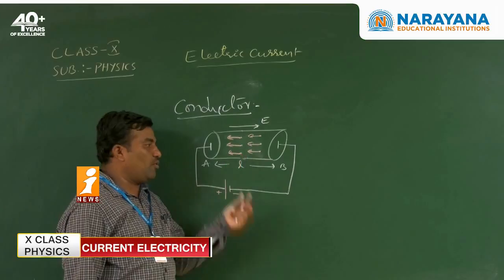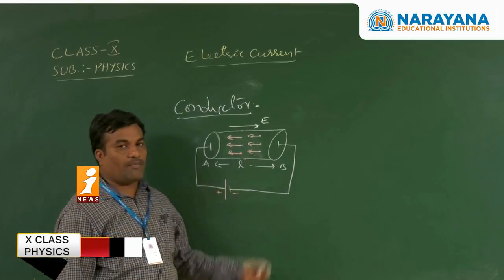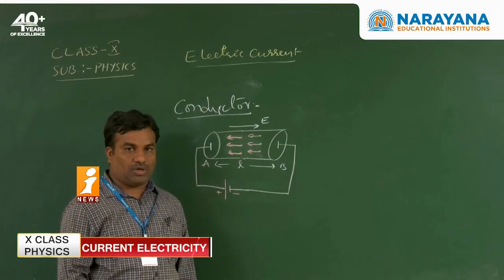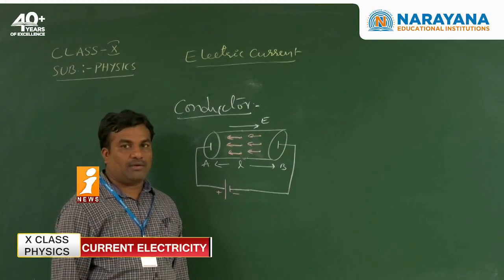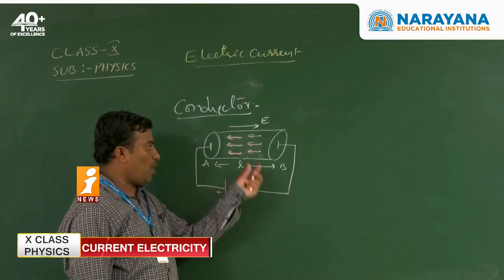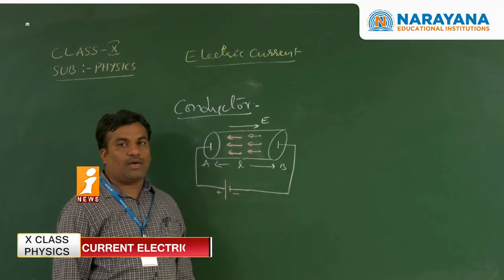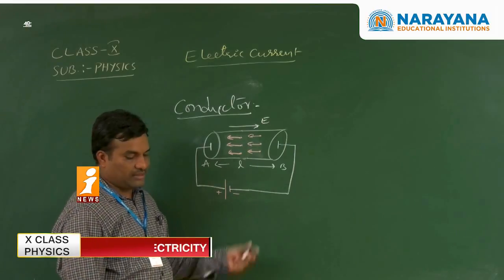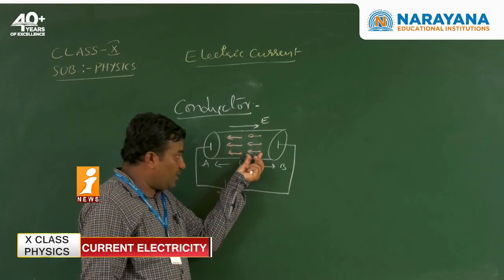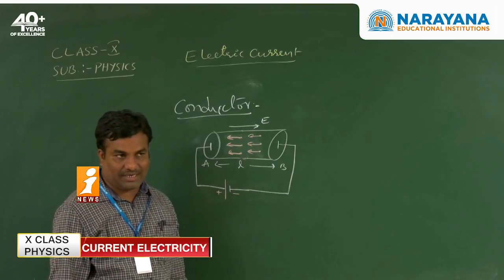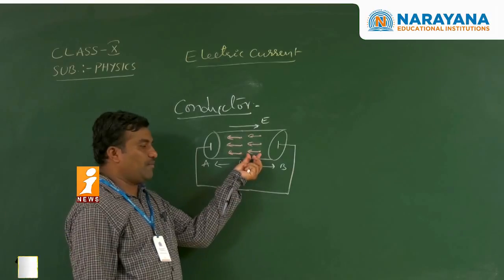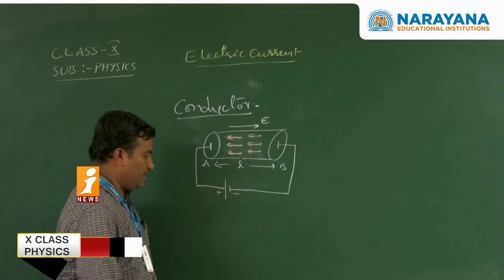Here, you know, the conductor has a number of charges. The amount of charge traveling from one point to another point in 1 second, that is, the amount of charge crossing any unit area of cross section of the conductor in a time interval t, is called electric current.